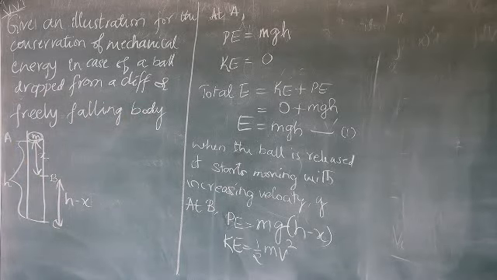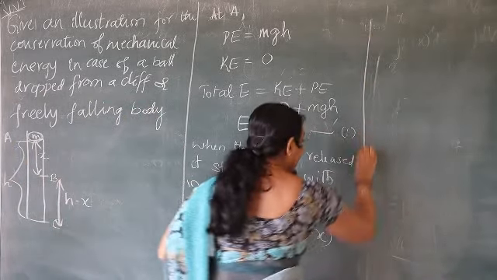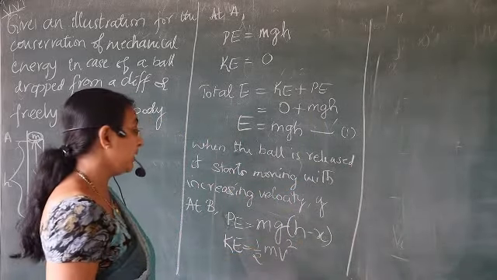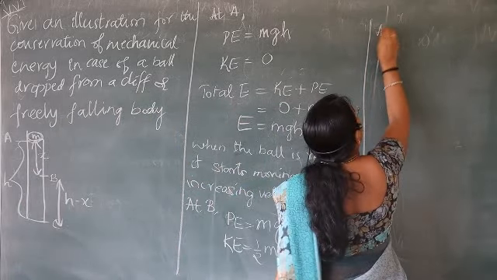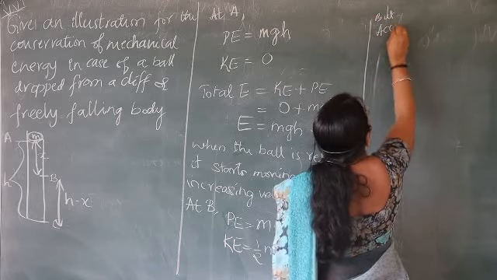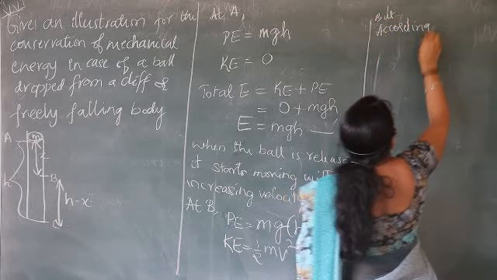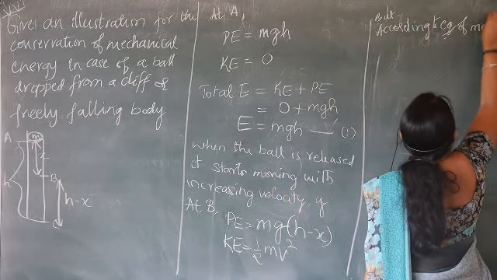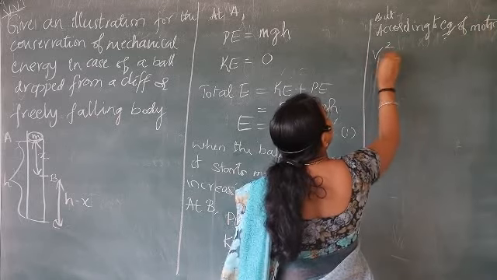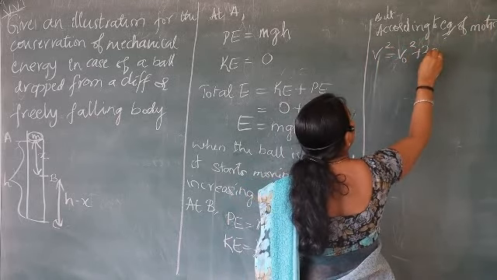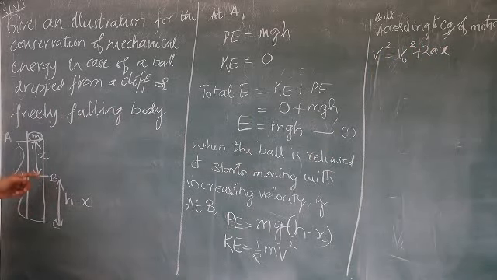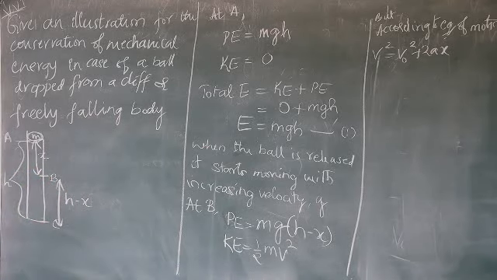But total energy, I can't add it directly because this is in terms of velocity. Can we convert it into some other form? Yes, using the equation of motion, v square is equal to v naught square plus 2ax. At the point B, let the final velocity be v.